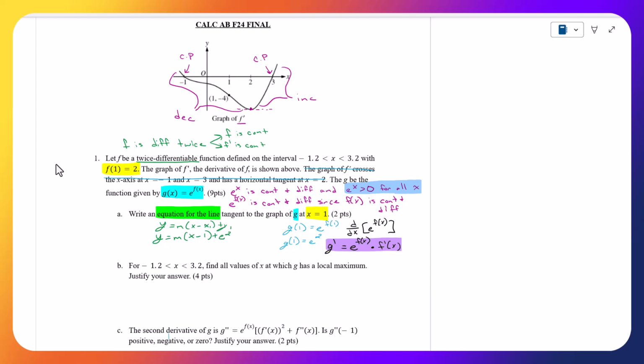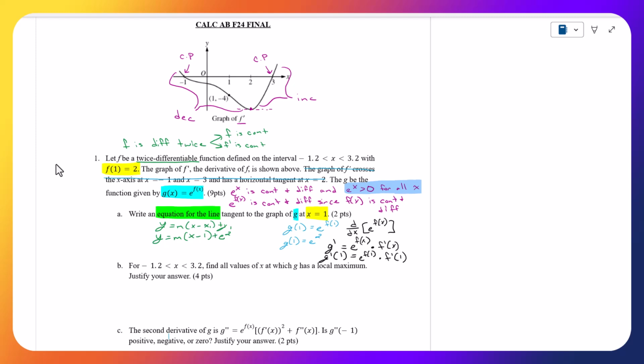We found g prime of x. But what we want is g prime of 1. G prime of 1 equals e to the f of 1 times f prime of 1. Running out of space. Well, e to the f of 1, that's just e squared.